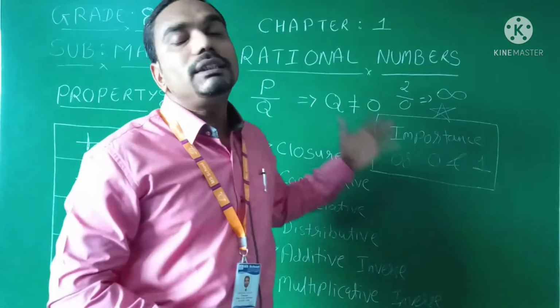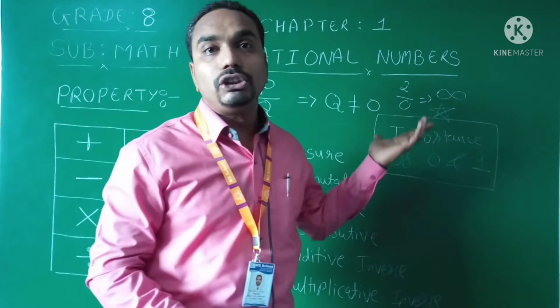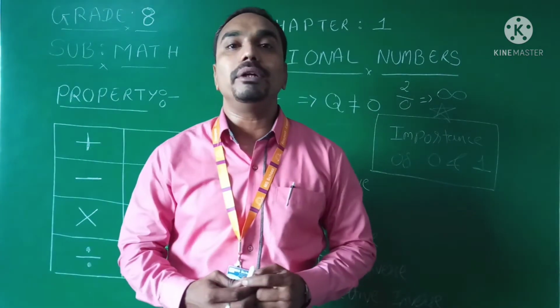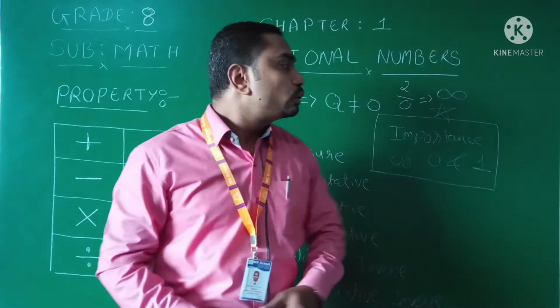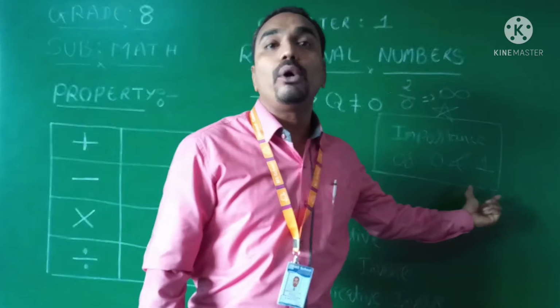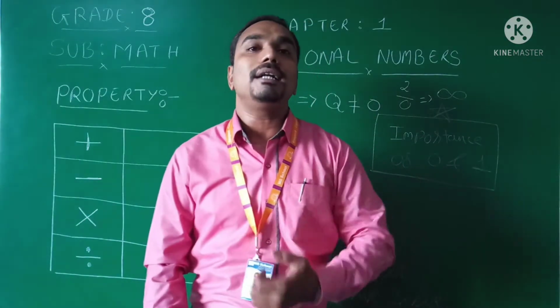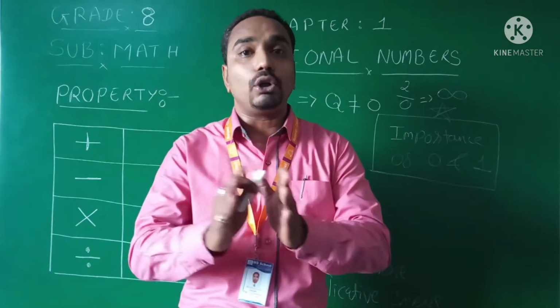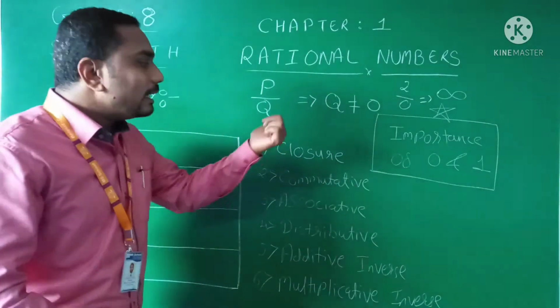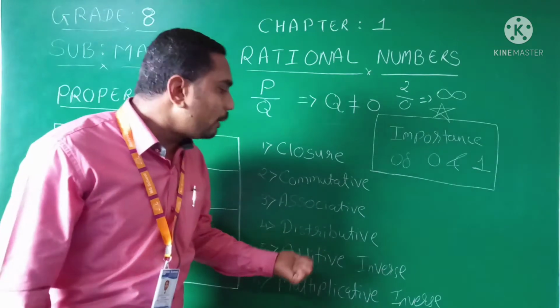Now before we start the whole chapter, let's take a quick snapshot of what we are going to discuss. First of all, you already know the importance of 0 and 1, but here we will understand the importance of 0 and 1 in rational numbers. Second, here are some of the properties.